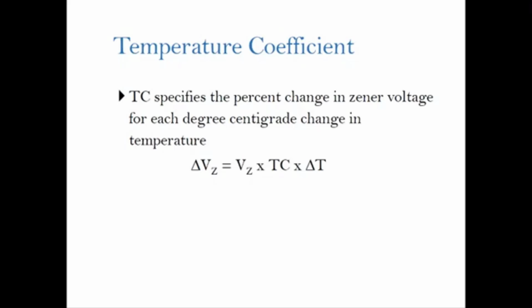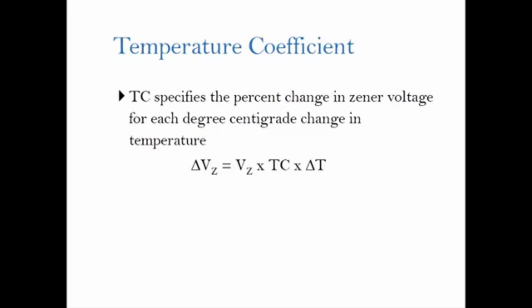As I think you have learned in the previous week, the operation of the normal diode is also affected by temperature. That's why we have the temperature coefficient, defined by TC.